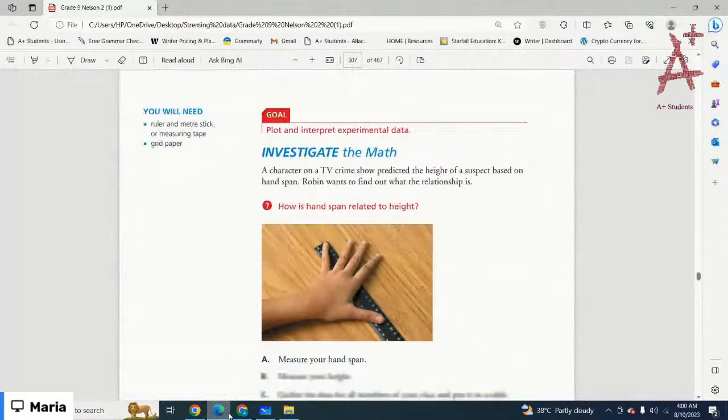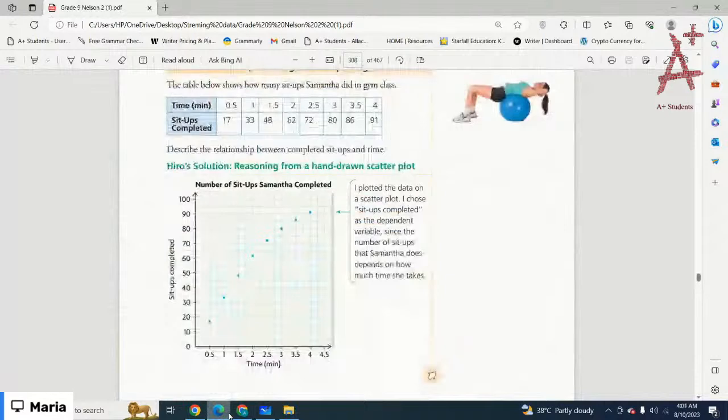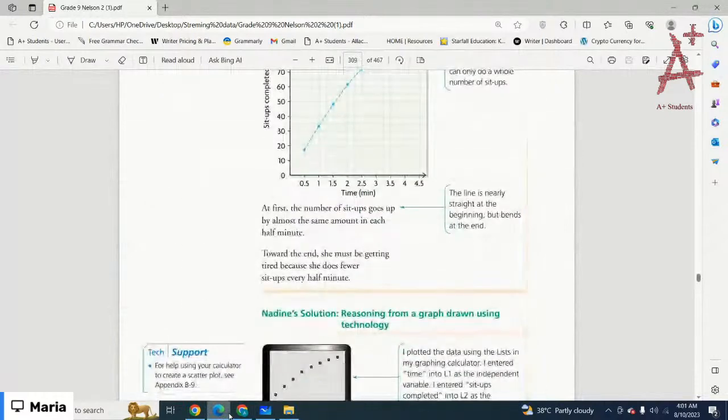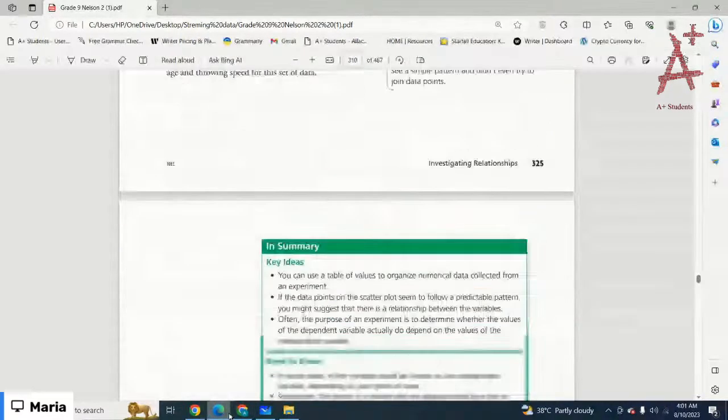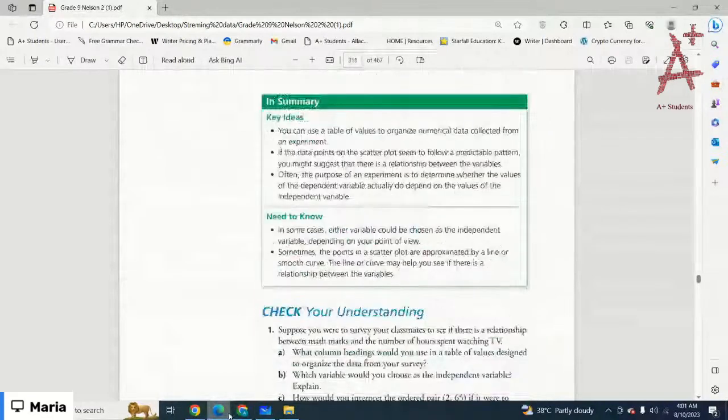Okay, here it is, Interpreting Data. Here is the key idea. You can use a table of values to organize numerical data collected from an experiment. If the data points on the scatter plot seem to follow a pattern, you might suggest that there is a relationship between the variables.